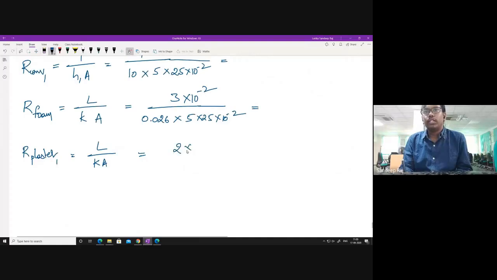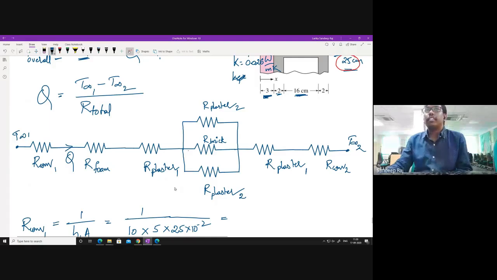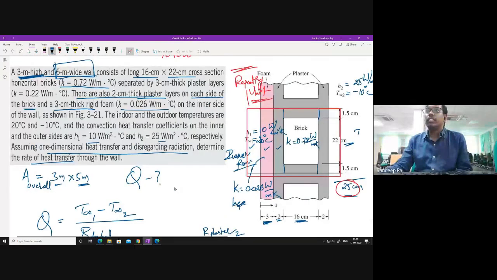So I should write 2 into 10 to the power of minus 2 by the K of the plaster. K of the plaster is not given in the question.